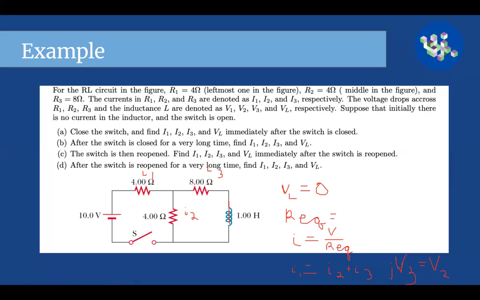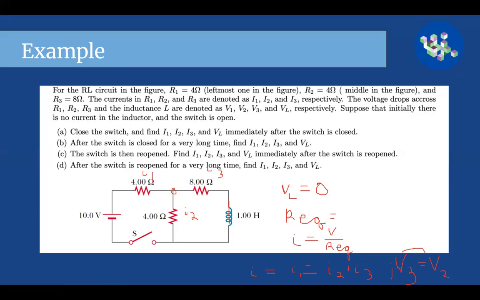You can find Req from your parallel and series formulae, I from Ohm's law, and I equals I1 equals I2 plus I3 from the junction rule at this junction. And V3 equals V2 because they're parallel. You can use Ohm's law to reduce this and relate I2 and I3. With all of this, you can solve for I1, I2, I3.